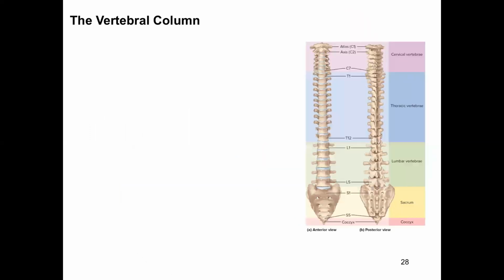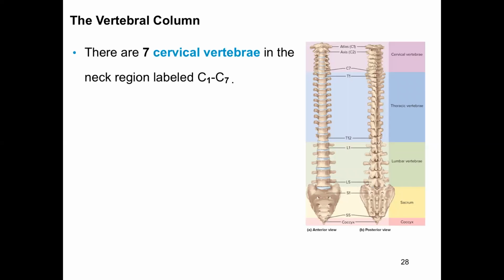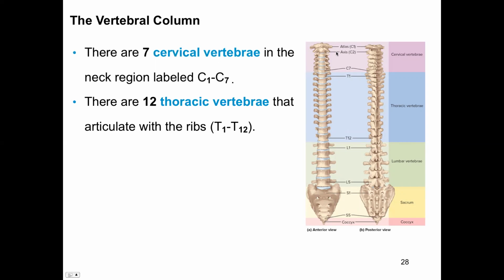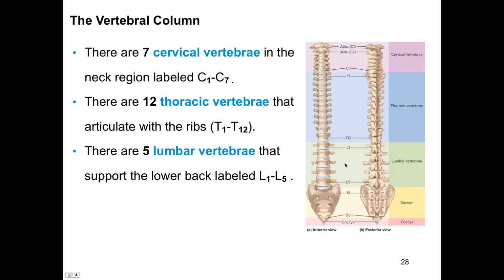Now, the next is the vertebral column. So we're still in the axial skeleton. Here we've got the vertebral column, and there are 7 cervical vertebrae at the top. Then there are 12 thoracic vertebrae, and then 5 lumbar.